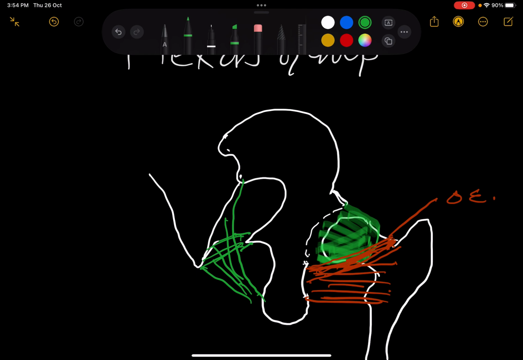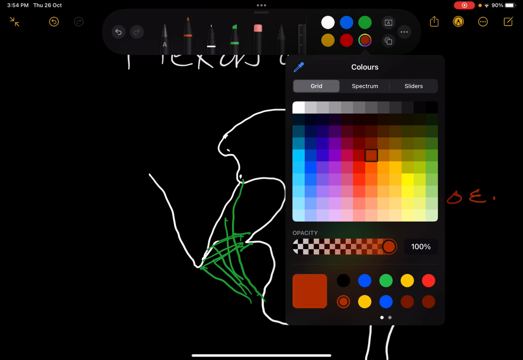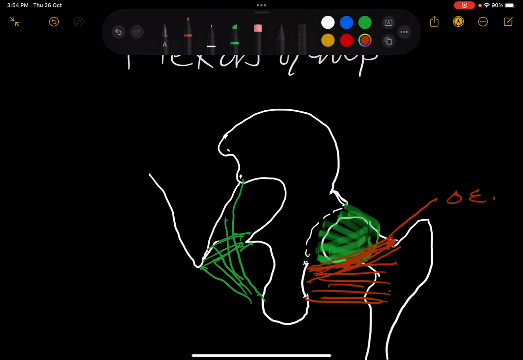We'll make the piriformis, arising from in front of the sacrum, passing like this through the greater sciatic notch and getting attached to the trochanteric tip.